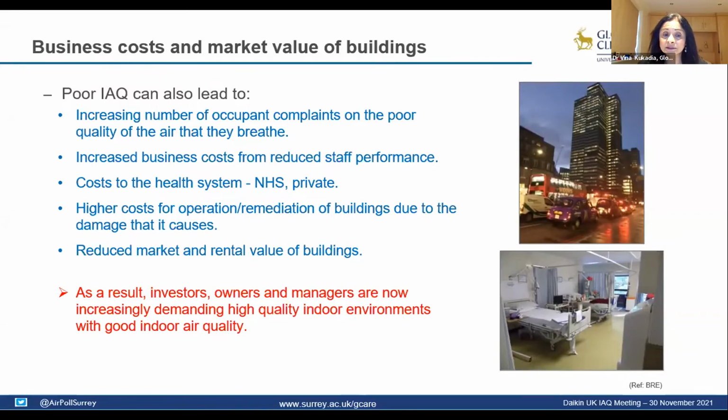As a result, investors, owners and managers are now increasingly demanding high quality indoor environments with good indoor air quality. Certainly when I was working at BRE, I carried out quite a lot of consultancy work where investors were particularly worried about their buildings. So we carried out a lot of indoor air quality assessments.